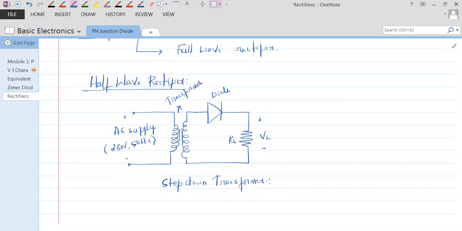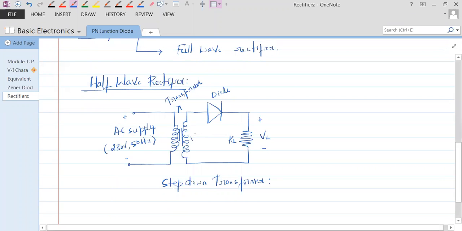So see here, everybody, this is the AC voltage you have. This is called the transformer primary. This is called the transformer secondary. Everybody is okay with that?